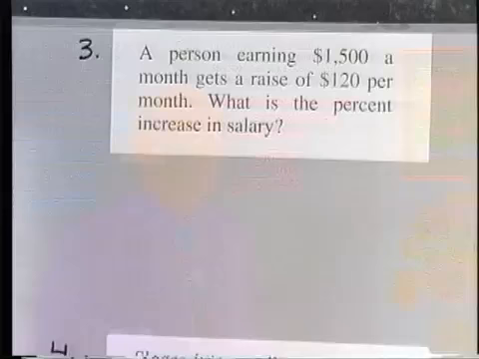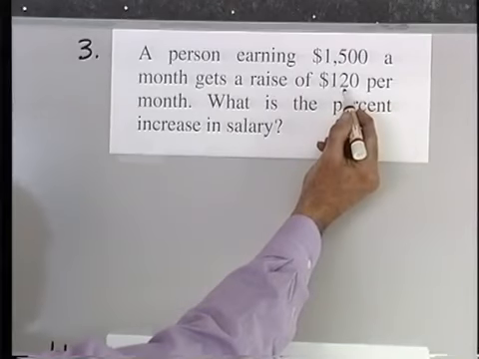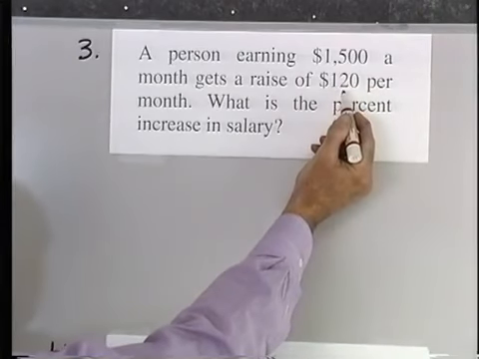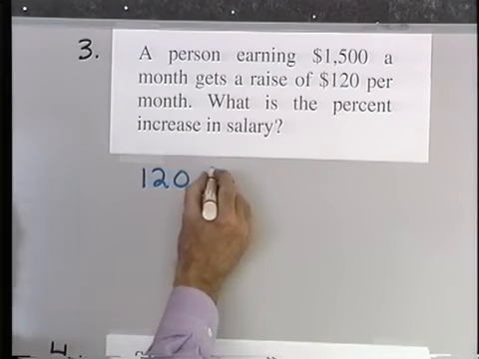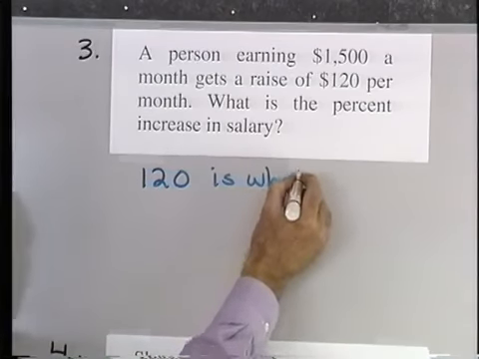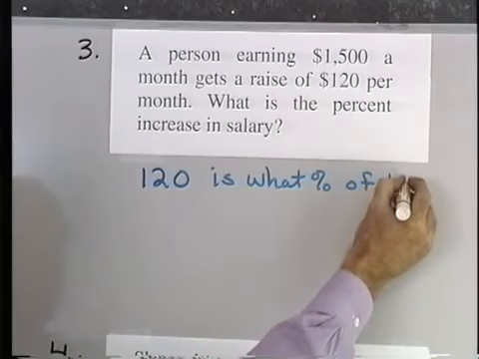Here's our next problem. For problem 3, we have a person earning $1,500 a month gets a raise of $120 per month. What is the percent increase in salary? So what I want to know is what percent of $1,500 is this $120? So 120 is what percent of 1,500?